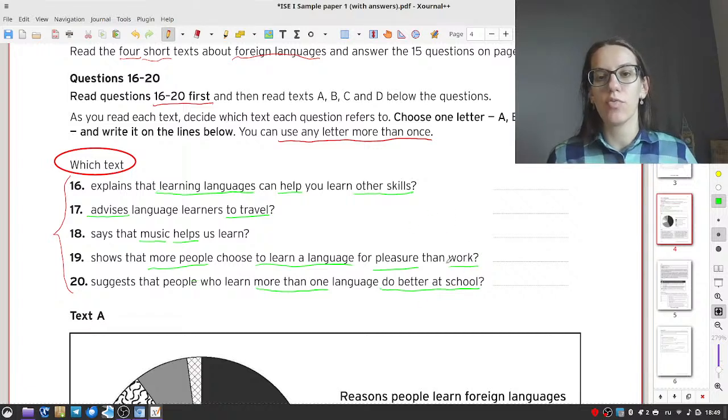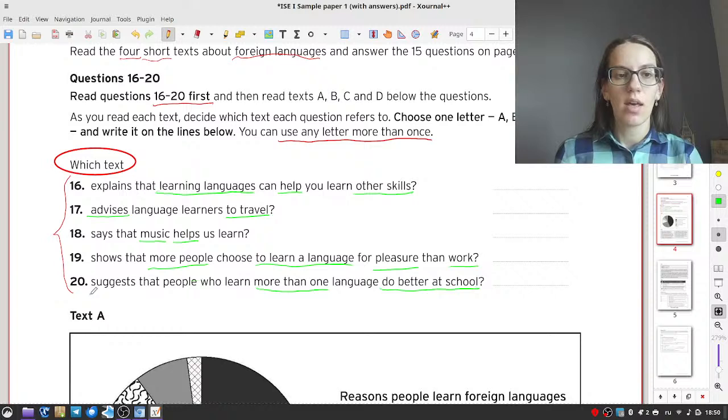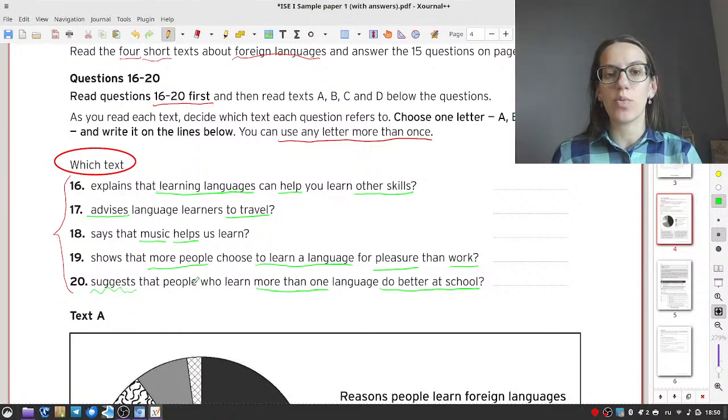So some kind of achievements in different subjects in education. So the word suggests, again, does it mean the text agrees or disagrees? Well, if a text suggests something, then it means the text agrees with this idea.